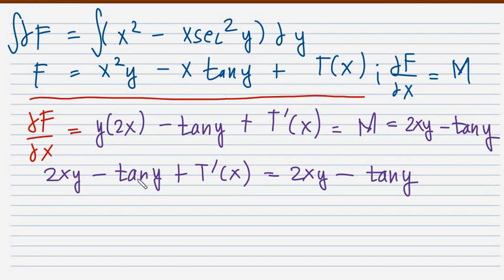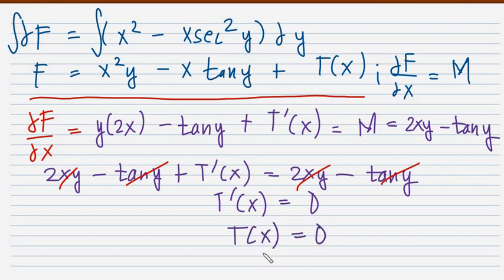So we see that all terms are cancelled. T prime x is equal to 0, so therefore t of x is 0. So the solution is simply x squared y minus x tangent y is equal to c, because t of x is 0.